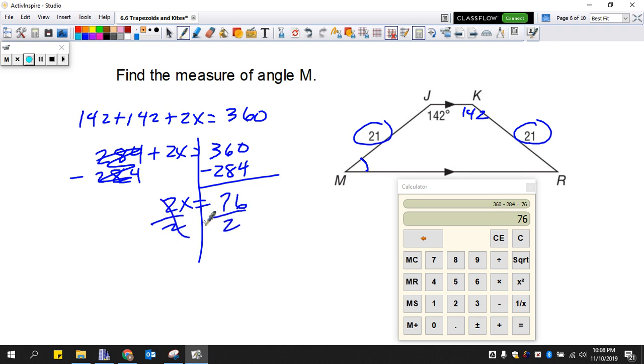X is equal to 38, I believe. 76 divided by 2 is indeed 38. So the measure of each of these angles here is 38. So angle M is 38.